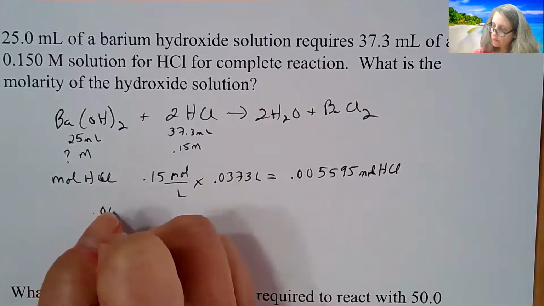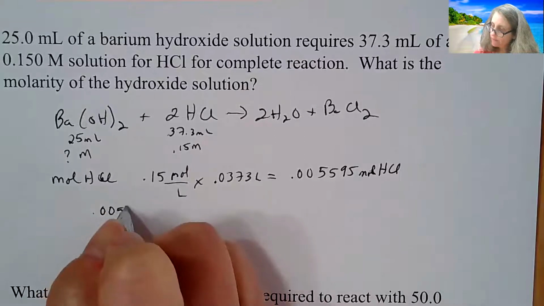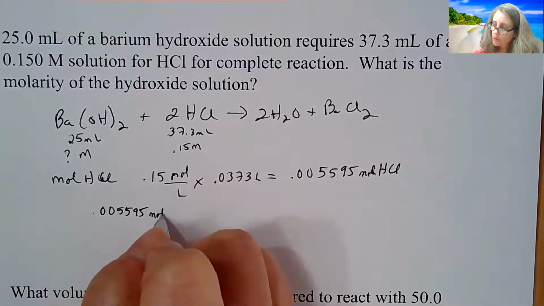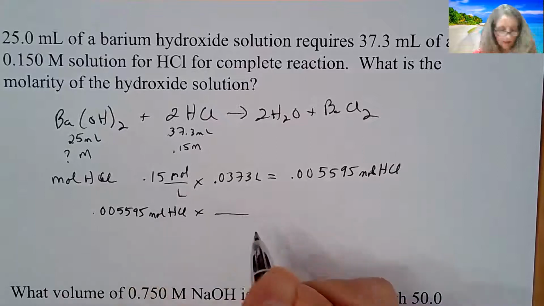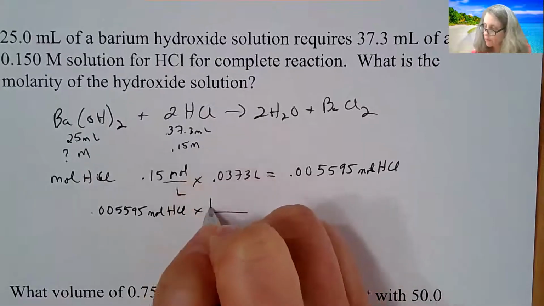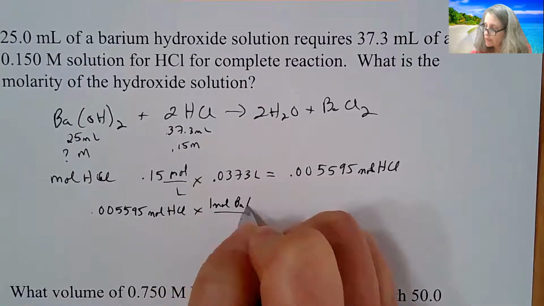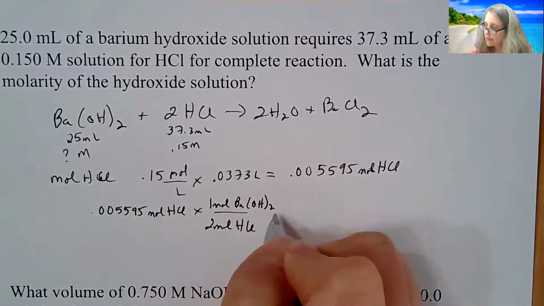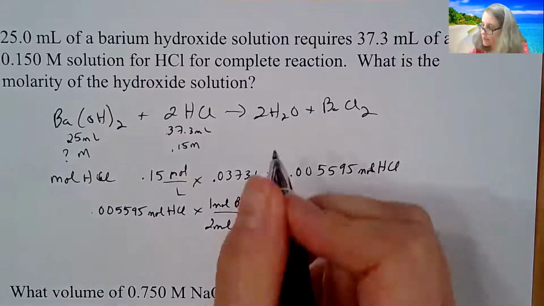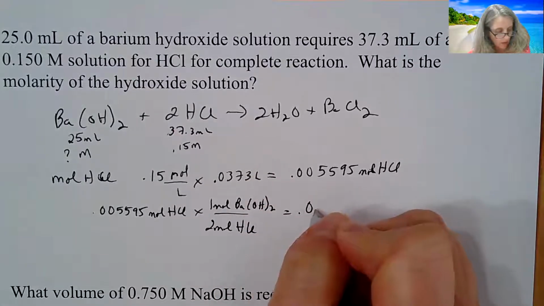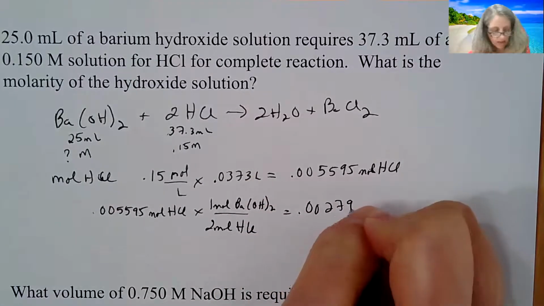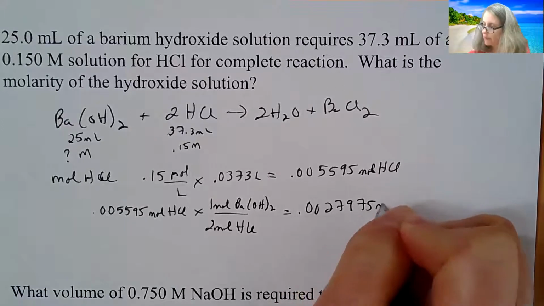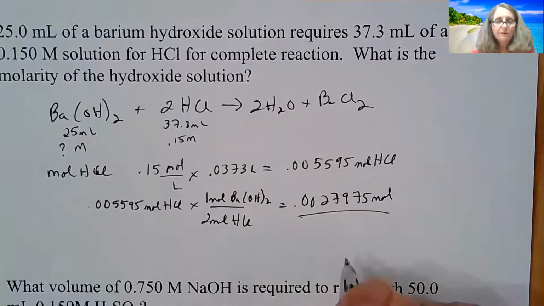So 0.005595 moles of HCl. I set up my relationship. For every 1 mole of barium hydroxide, I have 2 moles of HCl. So that comes out to be 0.0027975. I don't know why I have that many digits, but I do.